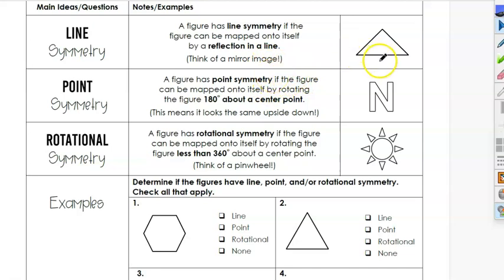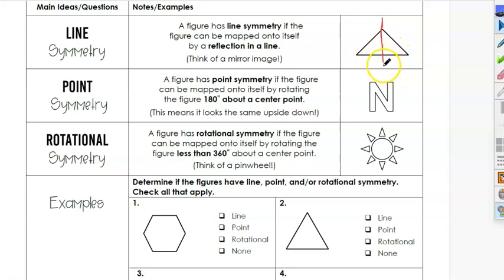What we're looking at here is if we can draw a particular line, it could be vertical, it could be horizontal, it could be diagonal, any way that a line can be drawn to create what is called a mirrored image. So let me illustrate what I'm talking about here. You can probably notice that if I draw a vertical line and pretend like that's straight, that is a straight line that's going right down from the vertex of that all the way through the triangle.